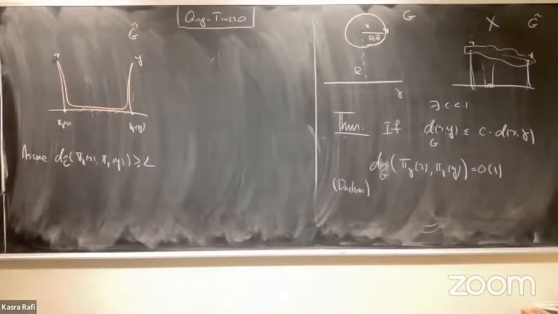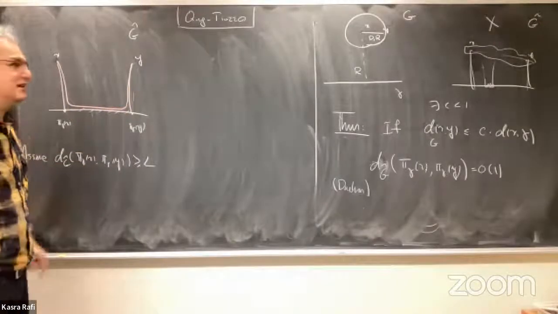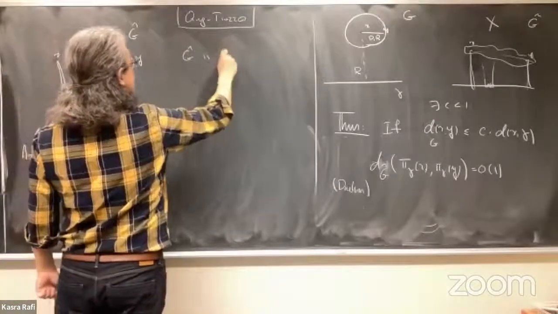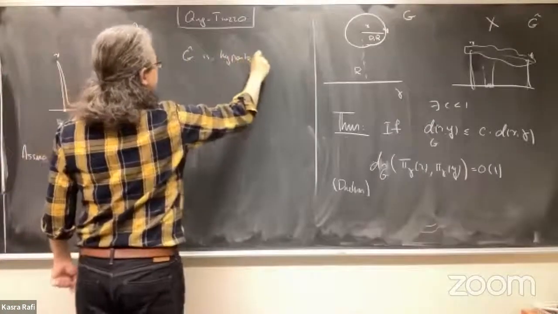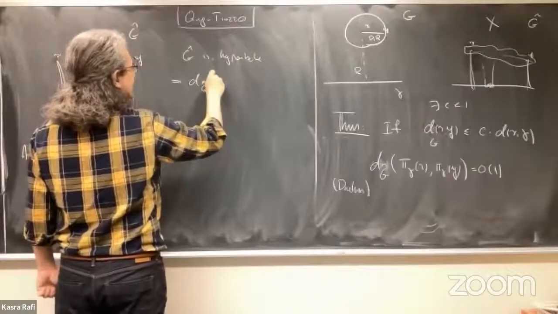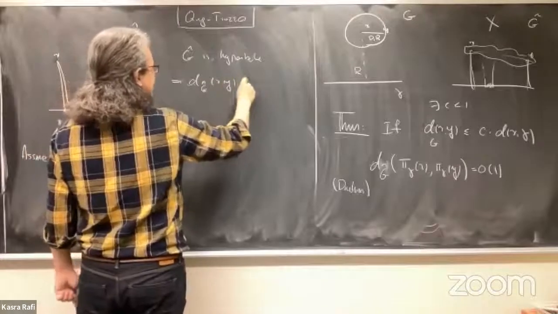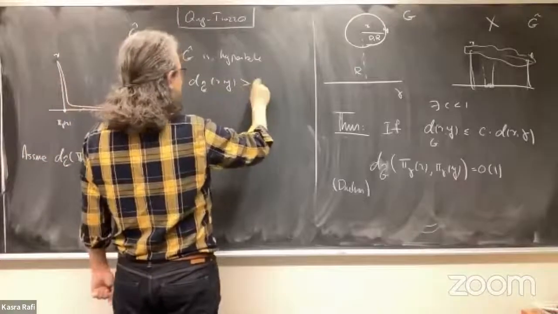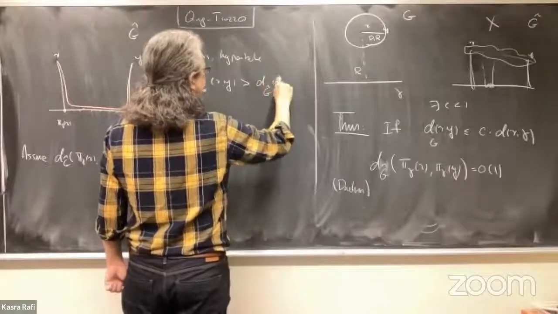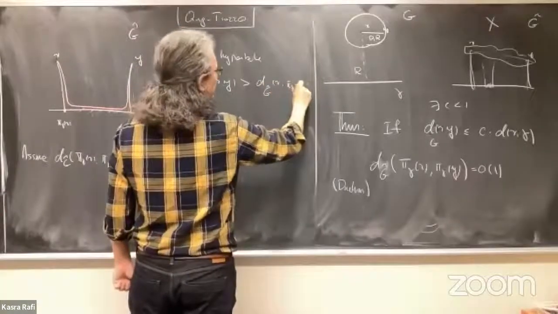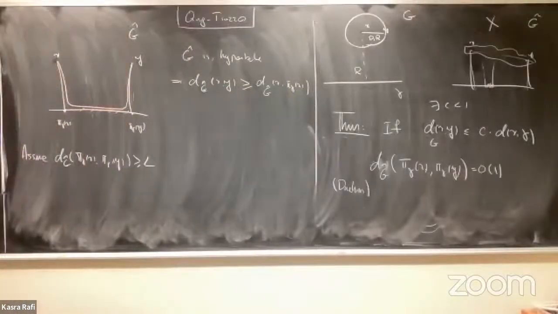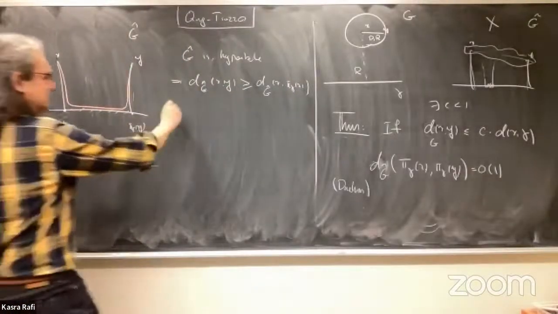So I have to examine each peripheral subgroup one at a time. G hat is hyperbolic, which implies that the distance in G hat of X and Y is bigger than, with some additive errors maybe, the distance in G hat of X and pi gamma of X. Okay, so this is good.